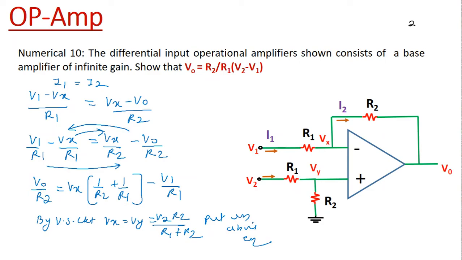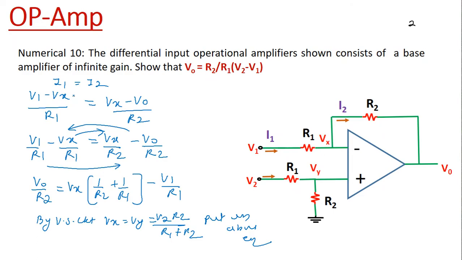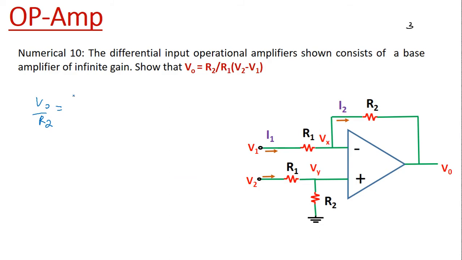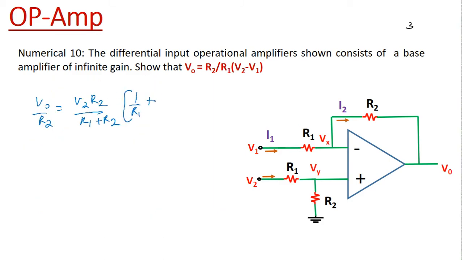So we get VO upon R2 is equal to V2 R2 divided by R1 plus R2, into (1 upon R2 plus 1 upon R1), then minus V1 upon R1. This is the equation we are getting.